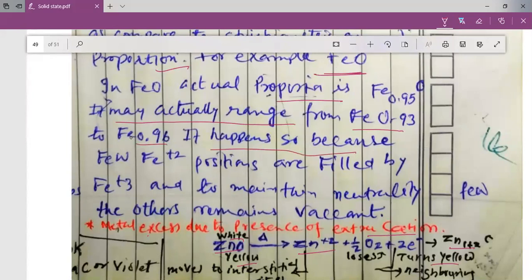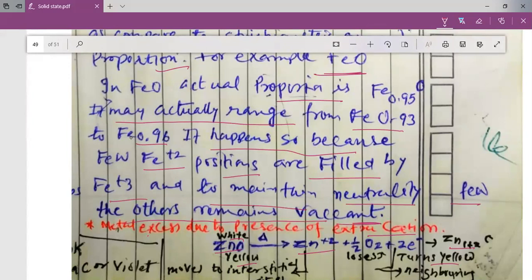It happens so because a few Fe+2 positions are filled by Fe+3, and to maintain neutrality, a few other Fe+2 remain vacant. Now let me explain this.